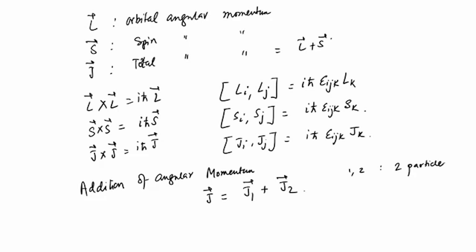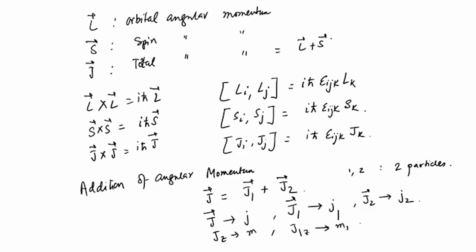So, the total J is equal to a sum of J1 and J2, and the quantum number corresponding to J is called j, the quantum number corresponding to J1 is called the small j1, and J2 corresponds to j2, and similarly the Jz corresponds to M, J1z corresponds to M1, and J2z corresponds to M2.